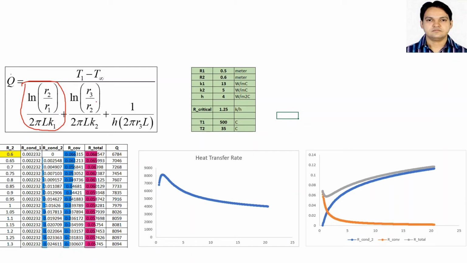Initially I have taken R3 equal to R2, which means it is a bare pipe without insulation. Your conduction resistance offered by insulation is 0, and convection resistance is 1 upon H into area, where your R convection value is 0.066. So R total for this is 0.068, and the heat transfer rate you can see here, if your pipe is a bare pipe without insulation, is 6784.